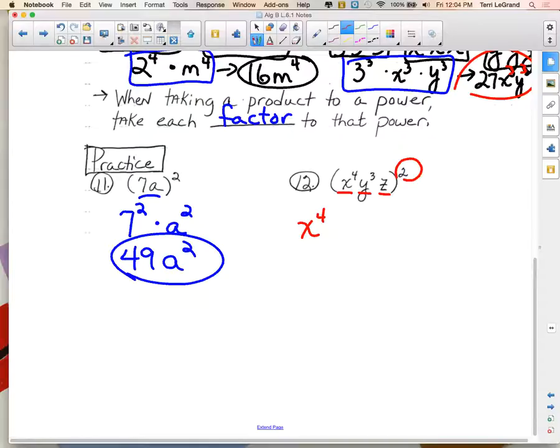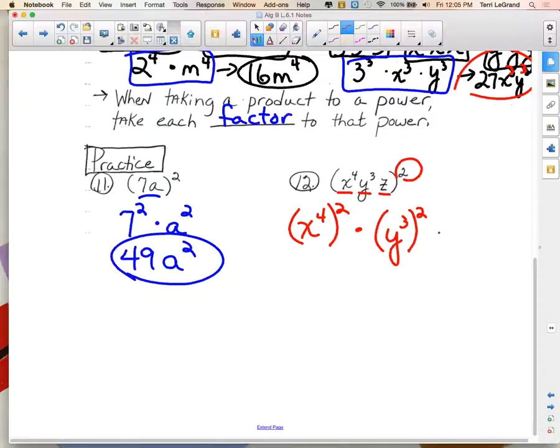Put it in parentheses. X to the 4th power has to be given the power of 2, so it's going to be taken to the 2nd power. Times y to the 3rd, give it parentheses because it's a power that's going to be raised to another power.